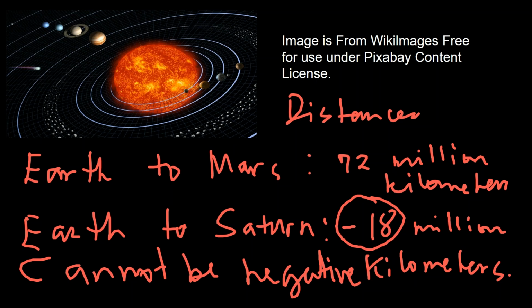When we're talking about distance, it's the measure of space between 2 points. Those 2 points are Earth and Saturn, and it is always a non-negative quantity. In the context of physical measurement, a negative distance does not have a practical meaning. If the calculation results in a negative value when measuring distances, it typically indicates an error.